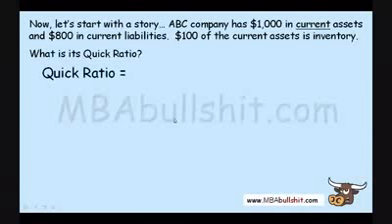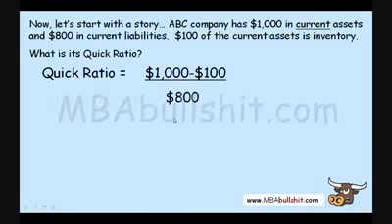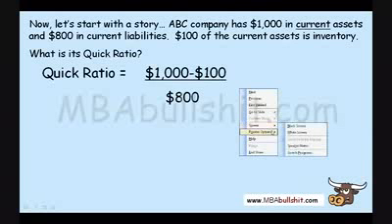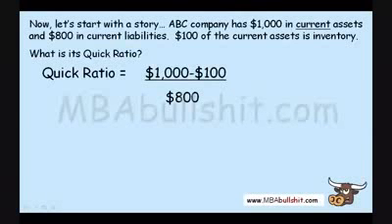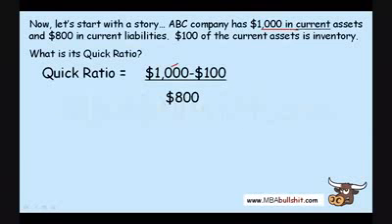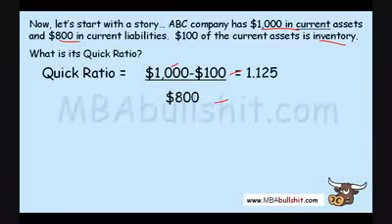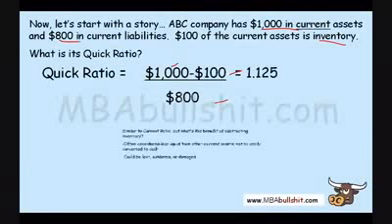The quick ratio is very simple. $1,000, which comes from the current assets, minus $100, which is the inventory, all over $800, which is the current liabilities. And in the end, we come up with a very simple answer: our quick ratio is 1.125.